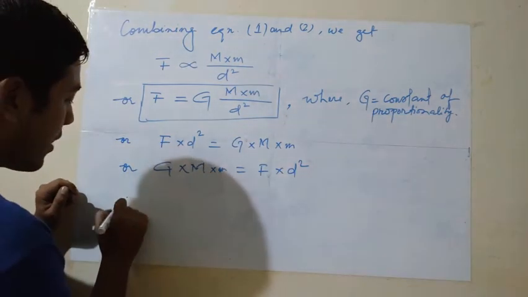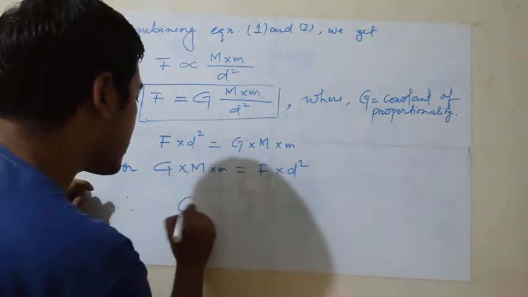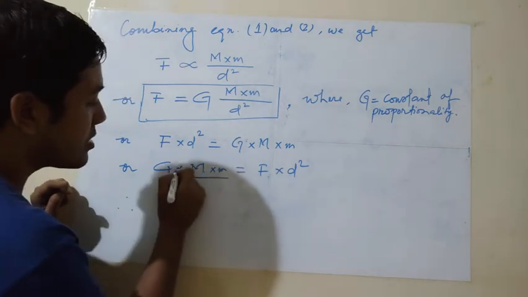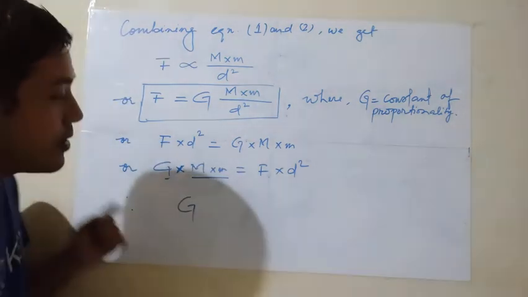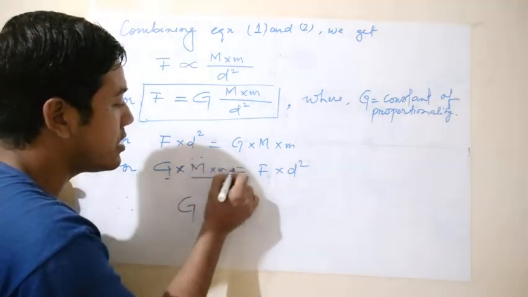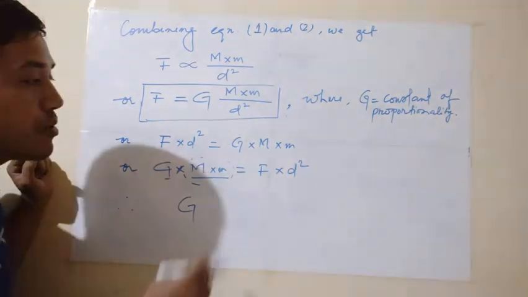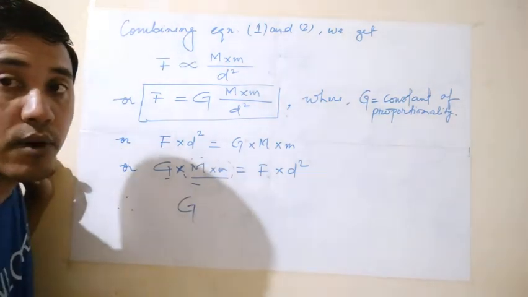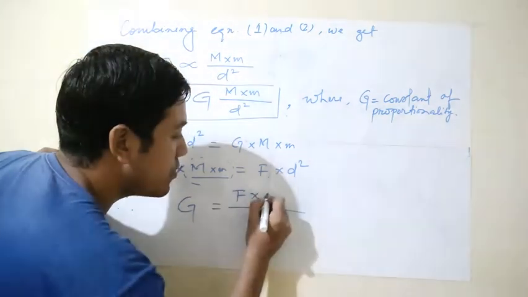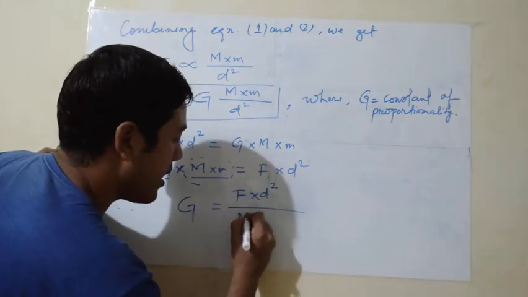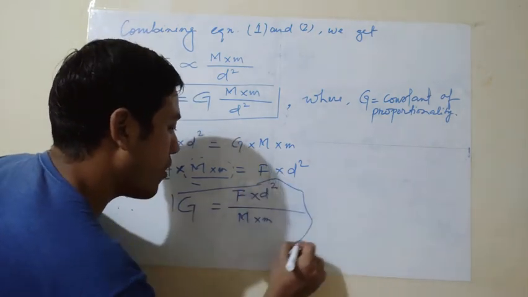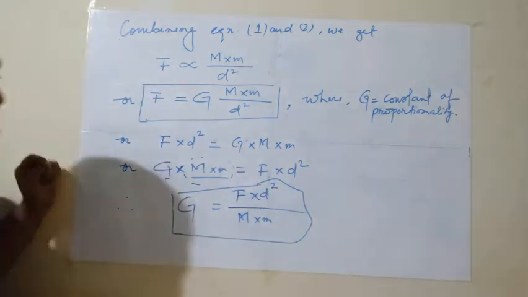Then we want to find out this G, and G is equal to, because in between G and this part there is the multiplication sign, if we transfer this quantity to the right side, it goes to the downward side, that is in the form of divide. Then G is equal to F into d square by M into M. And this is the relationship of the universal law of gravitation, okay?